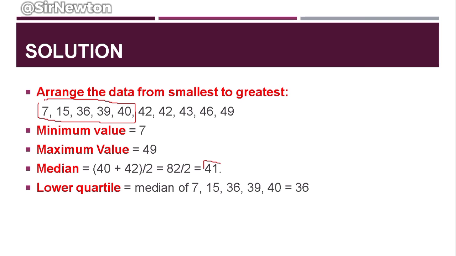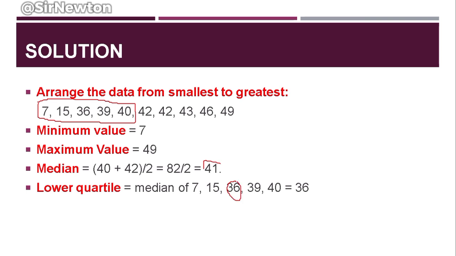These are the heights that are lower or smaller than the median. So the lower quartile means we will find the median of these numbers that are smaller than the median. These numbers are 7, 15, 36, 39, and 40. The median of these 5 numbers will be 36.